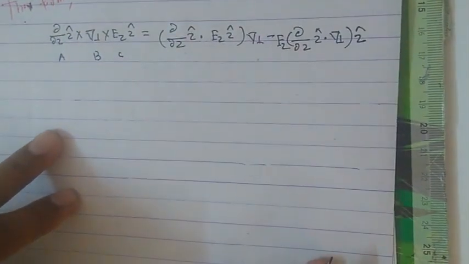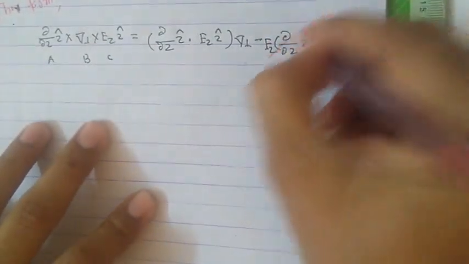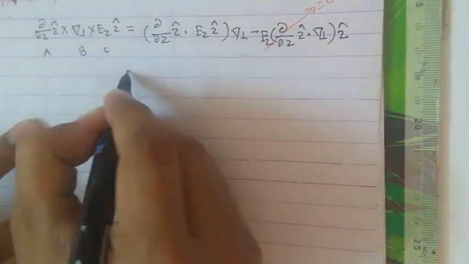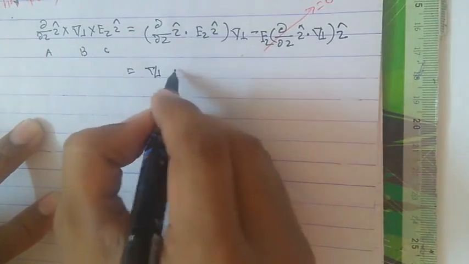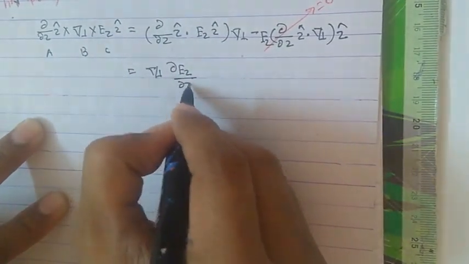Now this time you can easily point out that the second term will be identically 0. So this reduces to del transverse del Ez by del z.